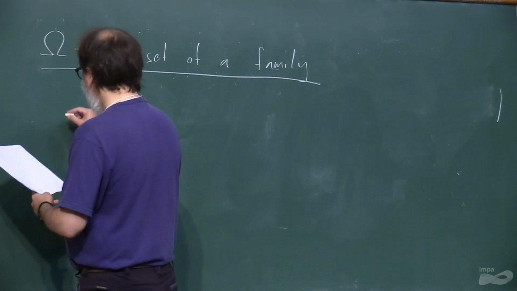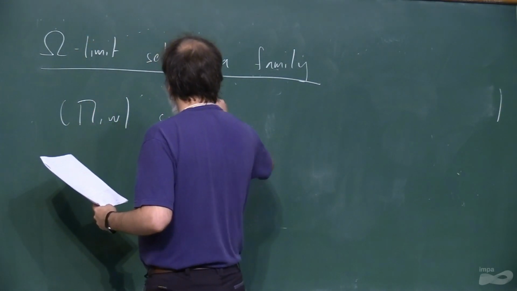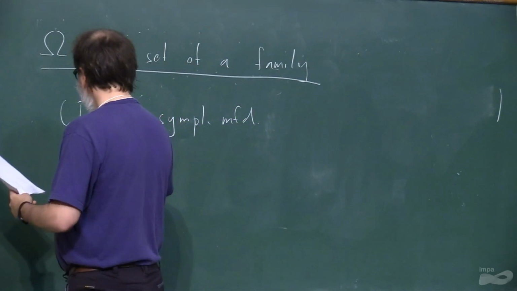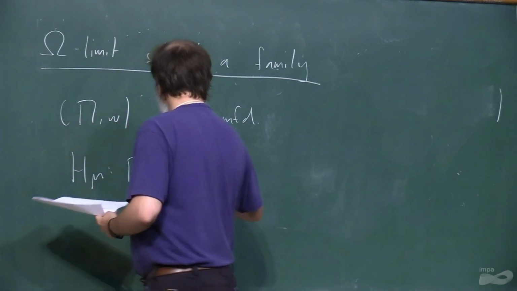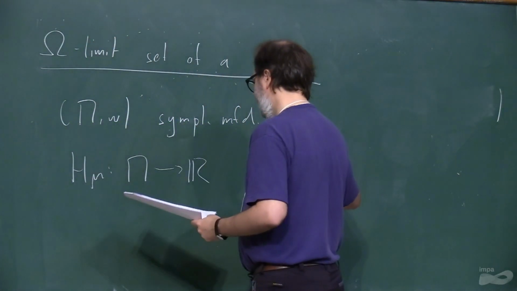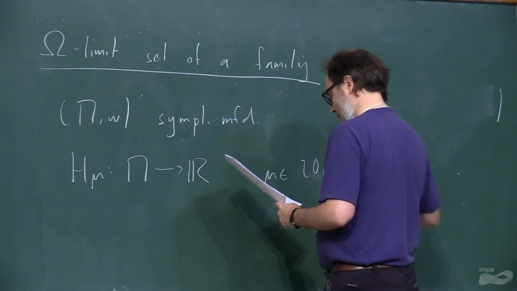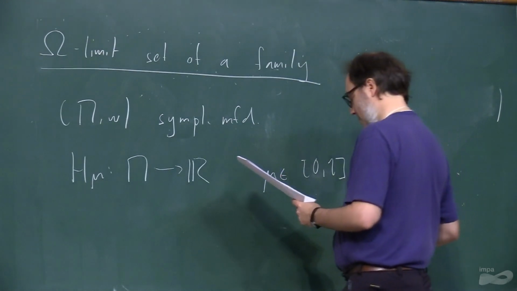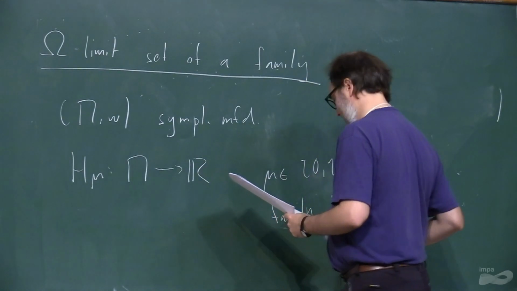Suppose that (M, omega) is some symplectic manifold, and H_mu: M to R, for some parameter mu, is a smooth family of Hamiltonians.